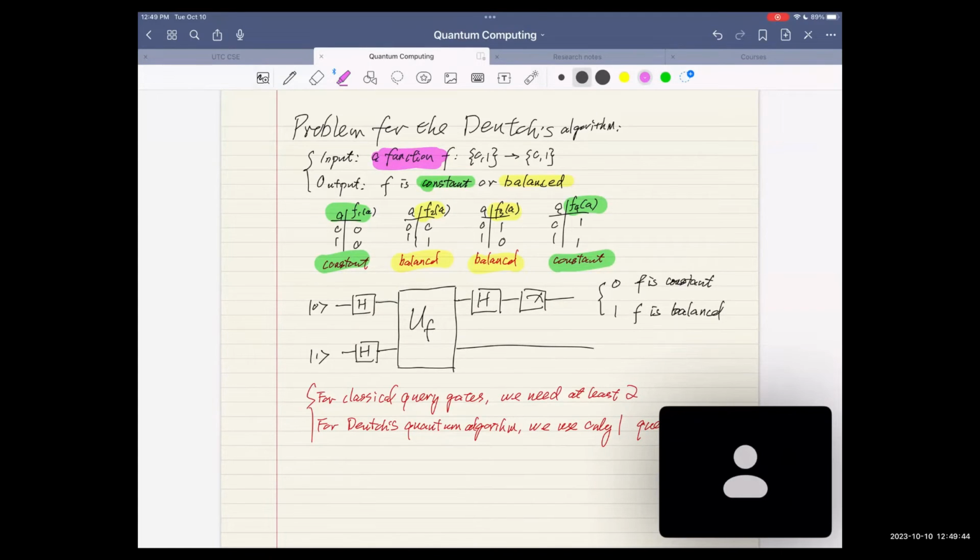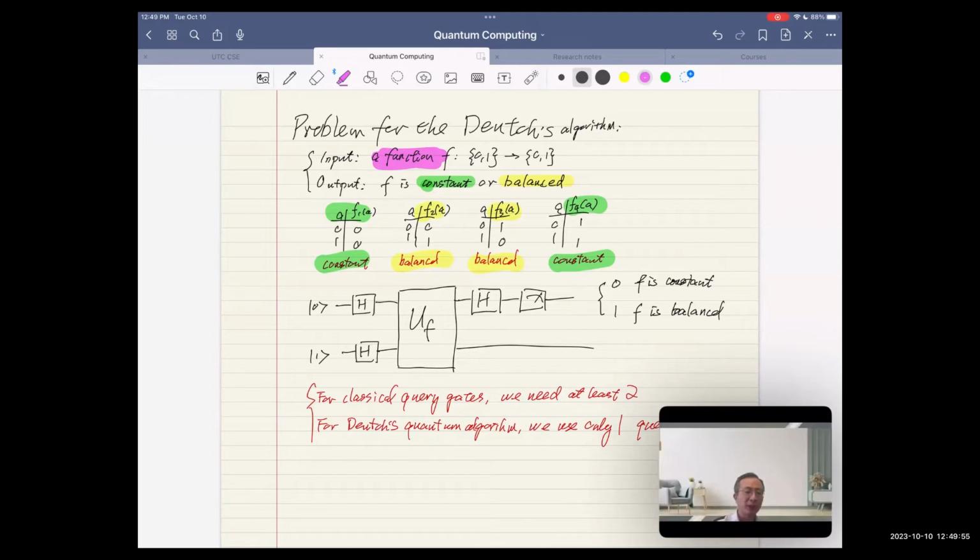We are not trying to see the parity output. It's working on the function for that parity check. Good question, but that's the important point I'm trying to emphasize here. The Deutsch algorithm is not working on the parity check itself. It's working on this function.